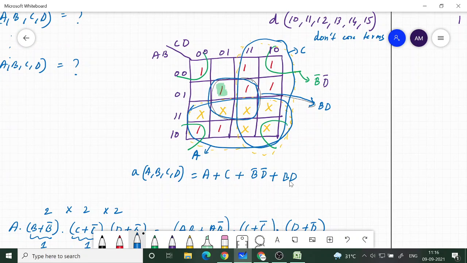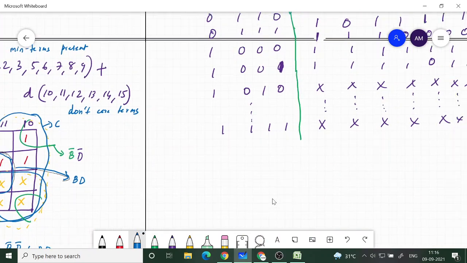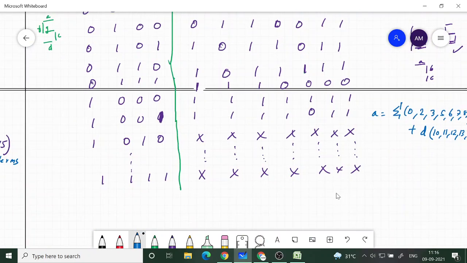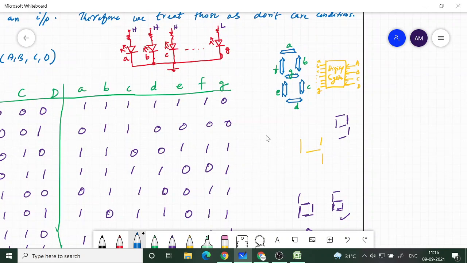Everybody will get this expression, because all of the terms are essential prime implicants. If some terms are not essential prime implicants, there can be differences in the answers, but not in this case. The function small a is one of the 7 outputs of the digital system that we are designing.